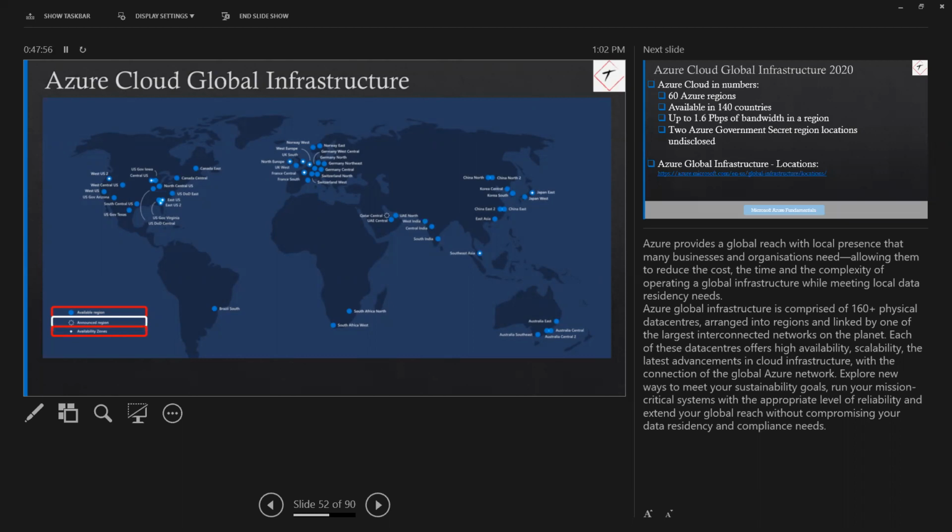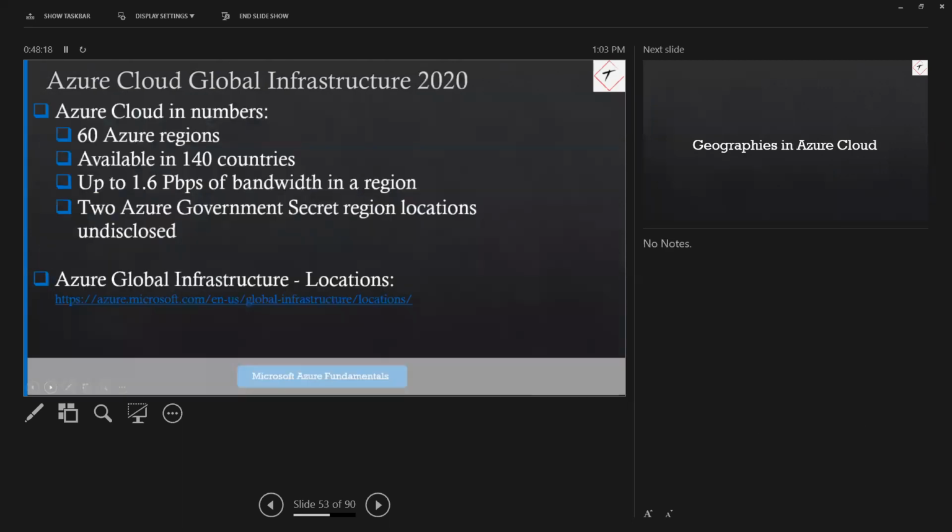It also has up to two government regions in undisclosed locations, known as Azure Government regions.